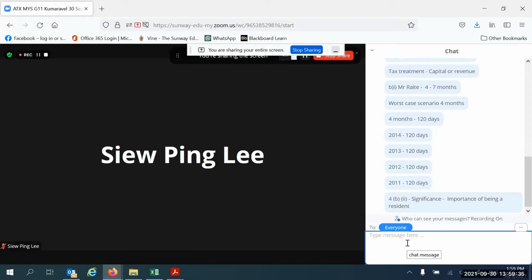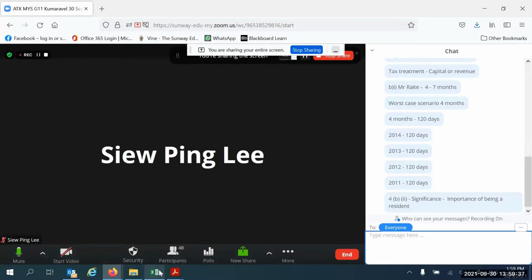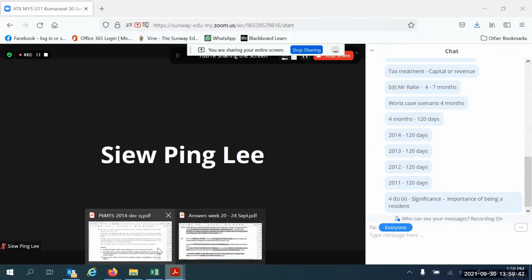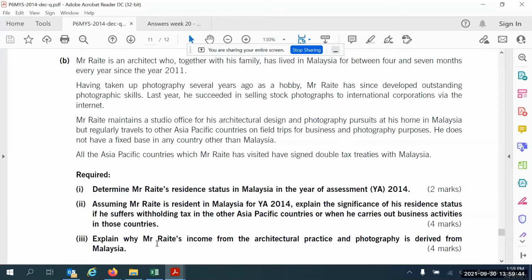So this one is actually double taxation agreement. Okay, so we have not learned yet. It's under the DTA chapter. Now, what they are telling you is that he's a resident in Malaysia.